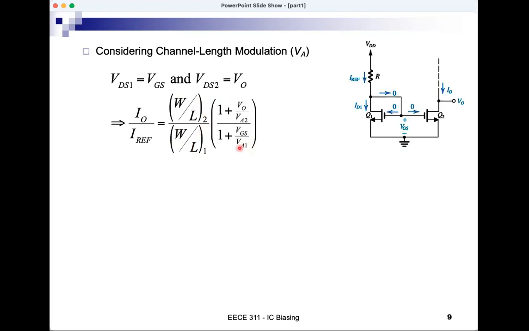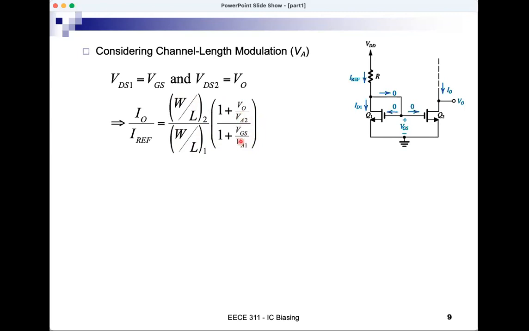Now I have this correction factor because I have channel length modulation. So is this good news or bad news? Well, let's see. VA1 and VA2 are fixed. Once the dimensions are set, the VA prime value is set.